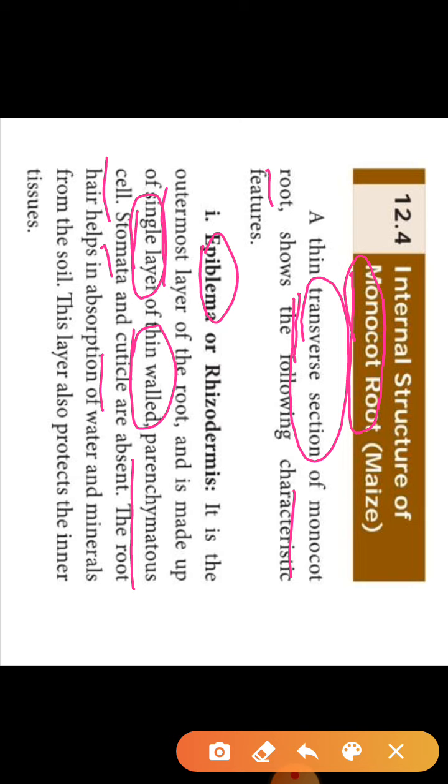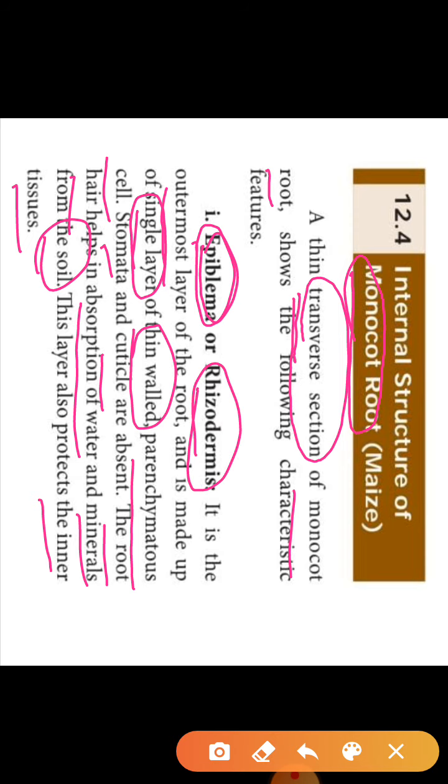This is important. One more question: root hairs help in absorption of water and minerals from the soil. Dear students, kindly note that the inner tissues are protected or saved from damage by epiblema or this rhizodermis.